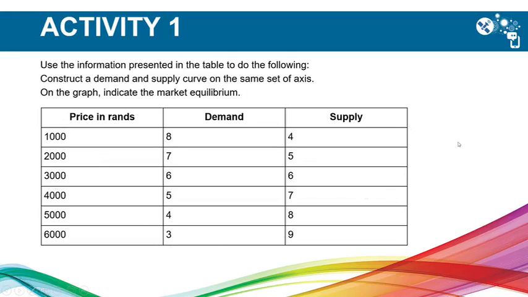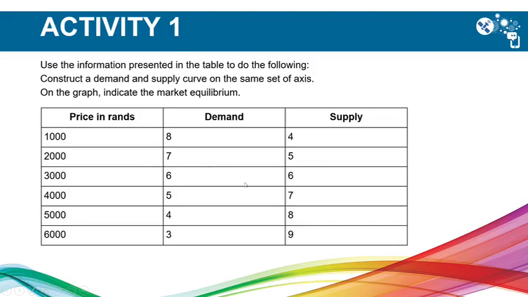Now you need to remember that when you're drawing a graph, you have your two axes, your horizontal and your vertical axes. Obviously your vertical axis will be the price, and your horizontal axis will be your demand and supply that you're going to show.